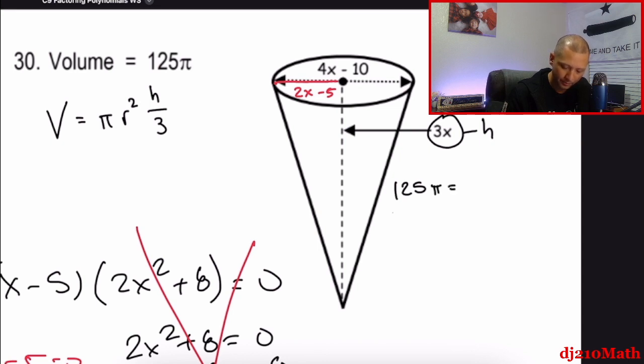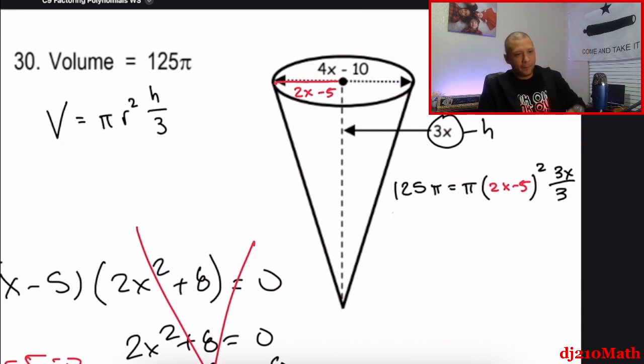Pi r squared, so the radius is going to be 2x minus 5 squared, and then h, which is 3x, divided by 3. Okay. All right. Start simplifying some things. First thing I see is that the 3's can cancel.